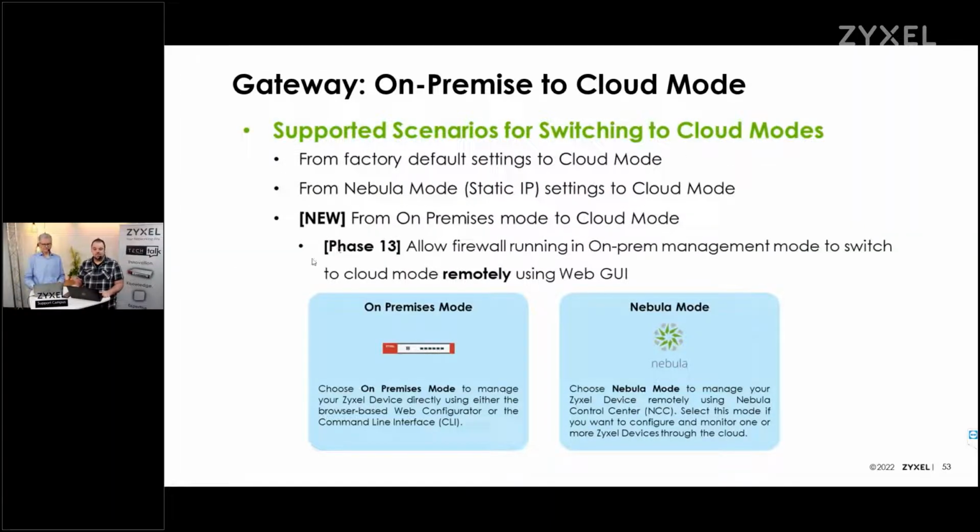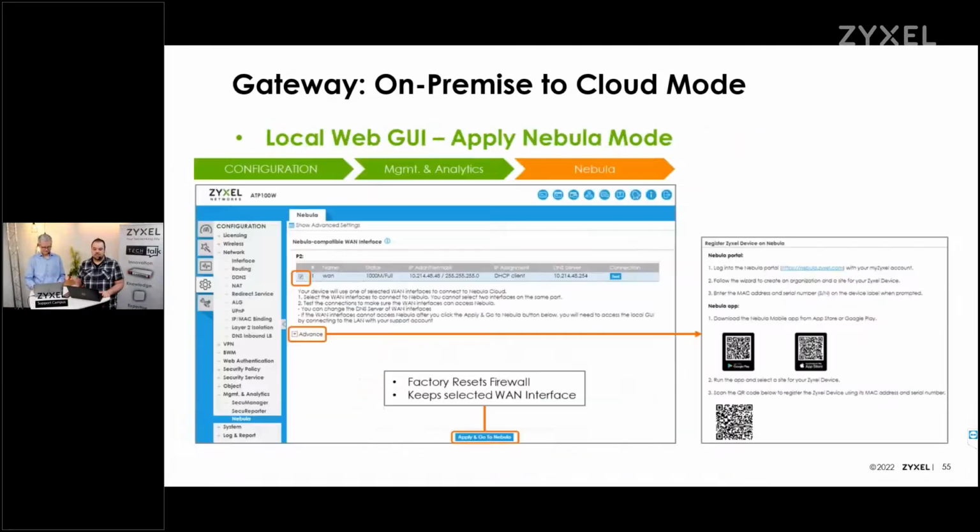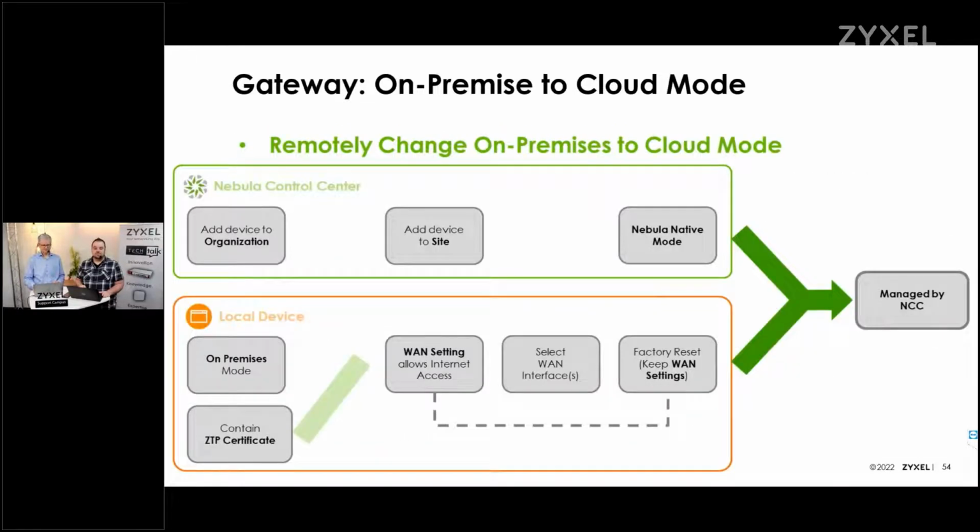So for our firewall series, we know that it's sometimes hard to drive on-site and do some reset and try to bring the device back online. So in our wizard, we are making enhancements so that, in case the firewall already includes the ZTP certificate for our Nebula connection and the device is online, we would be able to bring this device remotely into Nebula.